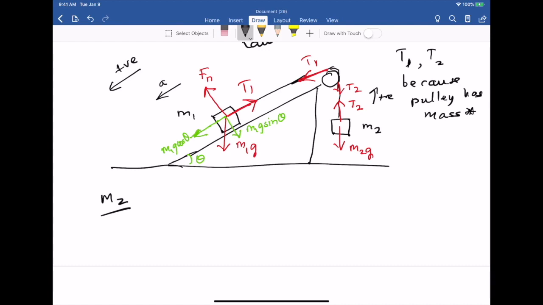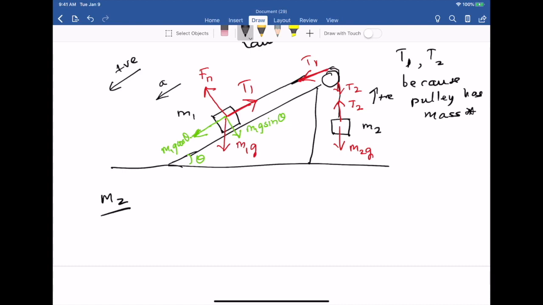Now, there is another sign convention that we need to choose, which is a rotational sign convention, because the pulley is rotating. So there is some part of the system that's rotating. You also need a rotational sign convention. Can you tell me what is a sensible rotational sign convention to choose? Should we choose counterclockwise is positive, or clockwise as positive?